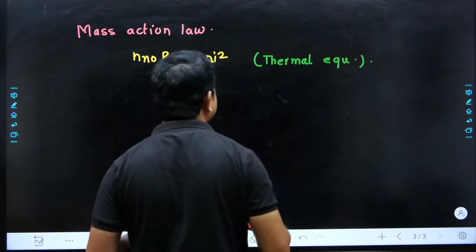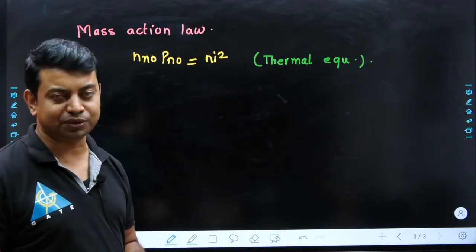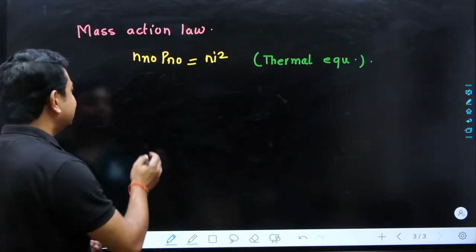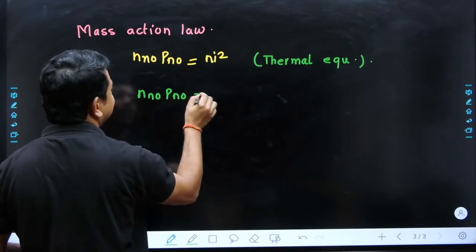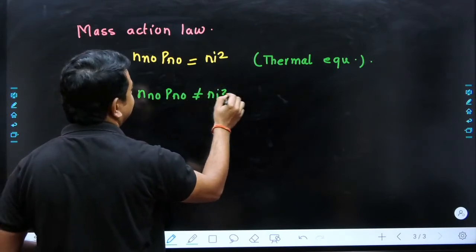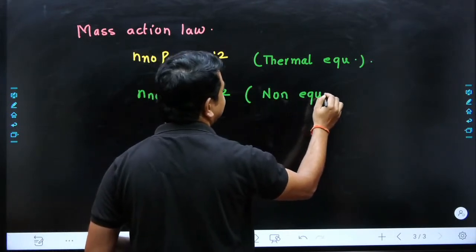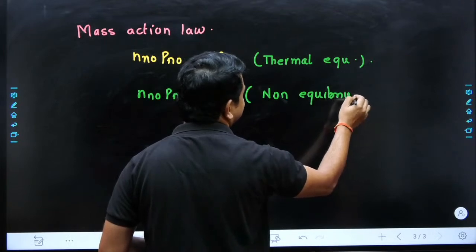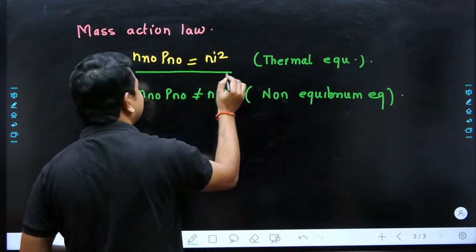If it is not in thermal equilibrium condition, that means we are applying some other source of energy to the semiconductor, then we cannot write that N in N naught into P in N naught is equal to Ni square; for non-equilibrium condition it need not be equal to Ni square. We are going to see that part also, but if it is in thermal equilibrium condition, we can apply this theory.